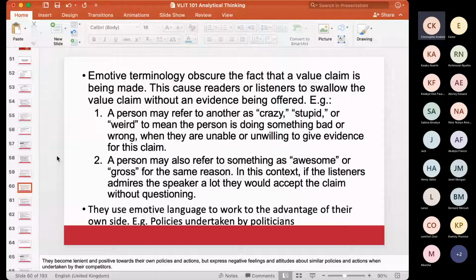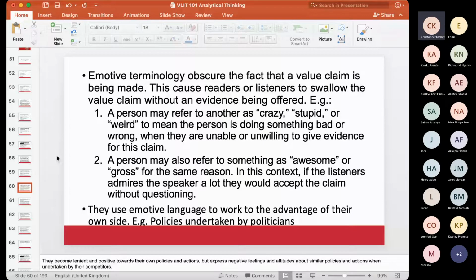So if you are a logician, you have to be extra alert when terms like these are used. They are all emotively charged terms. So when they are used, you should be able to discern what exactly the person is trying to convey. Is the person saying that what I'm doing is negative, or positive?